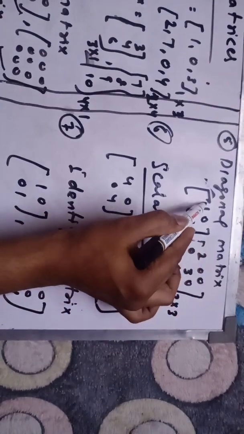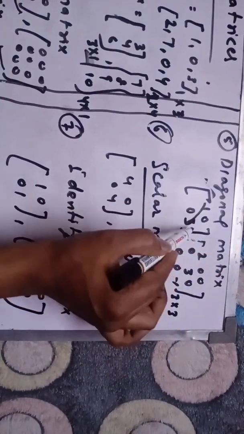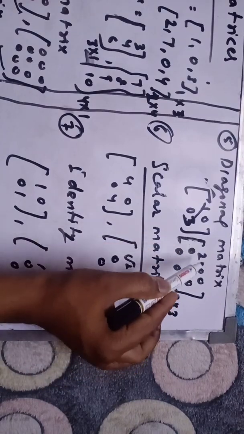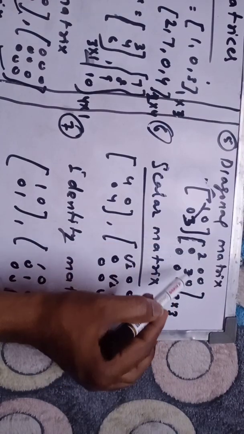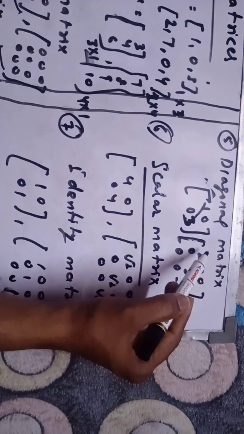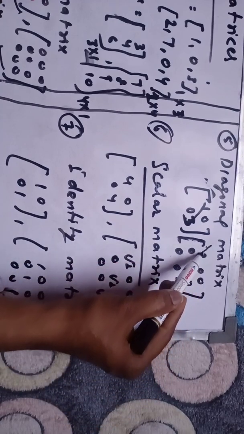We have to consider this diagonal, 2 1 3. And similarly, if you consider this, it is 2 0 0, 0 3 0, 0 0 minus 1. So you are getting the elements only in the form of diagonals, and other elements would be 0.